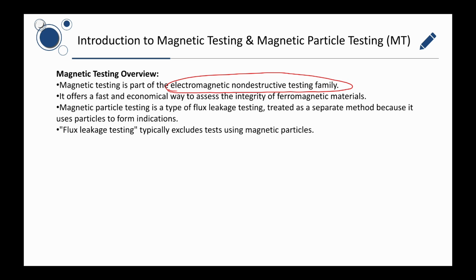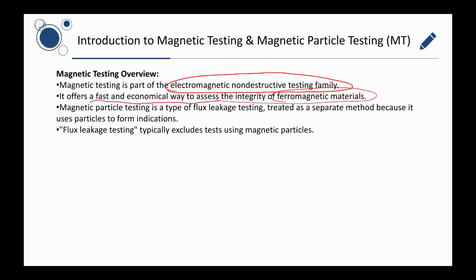One of the biggest draws is that it offers a fast and economical way to assess the integrity of ferromagnetic materials. In MT, we are using only ferromagnetic materials. So, if you are working with materials that can be magnetized, MT is often a fantastic choice.